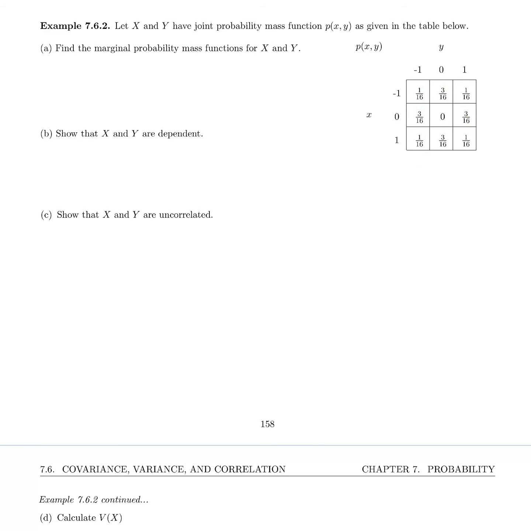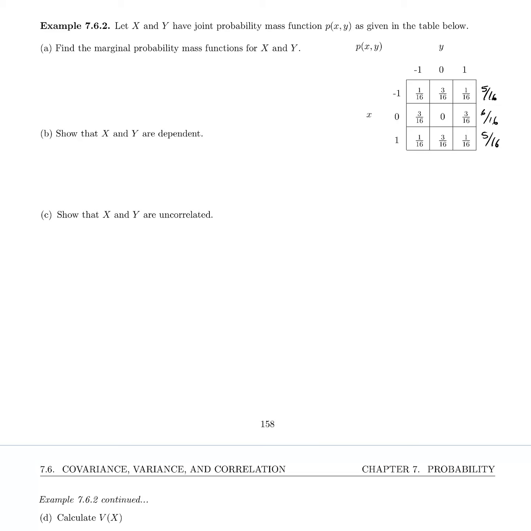And so if we add up the first row, well, we've got 1/16, 3/16, and 1/16. So add those all up and you get 5/16, and then we add across the next row and we're going to get 6/16, which we'll leave unreduced just so that we can see that everything adds up nicely to 1, and add the last row and we get 5/16 again.